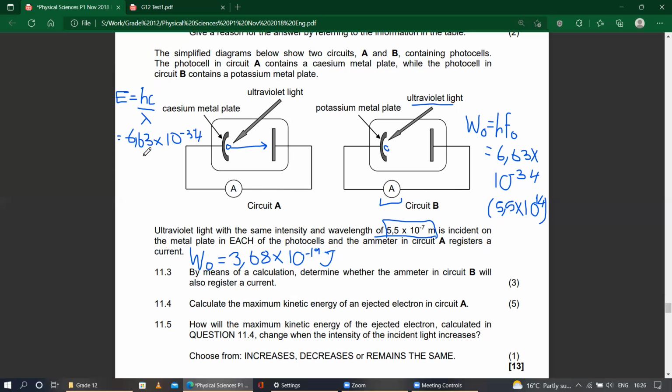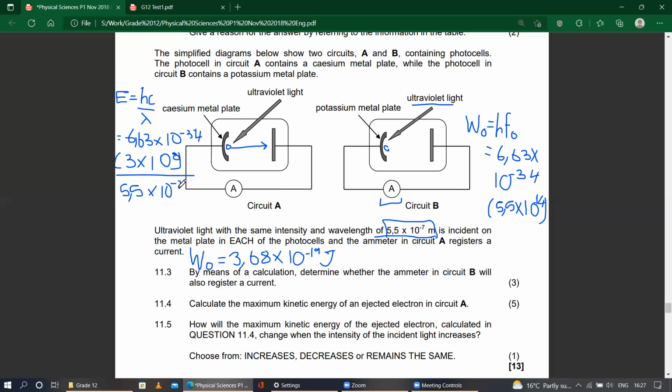So this is multiplied by the speed of light, which is 3 times 10 to the exponent 8. All of that is divided by our wavelength, which is 5.5 times 10 to the exponent negative 7.